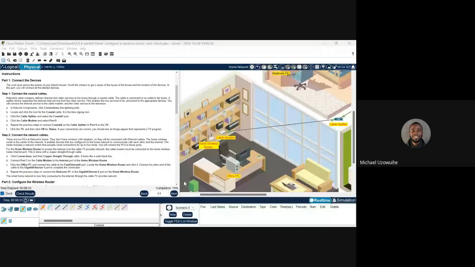All right. From one device to the other, there are different types of cable. Because you are connecting the cable modem to the cable splitter, we are using the coaxial cable. But when we go to connecting the cable modem to the router, there is a different kind of cable. Connecting the router to other devices, there is a different kind of cable.